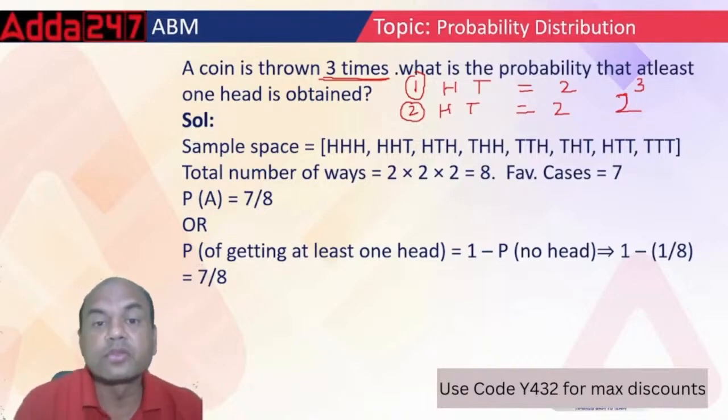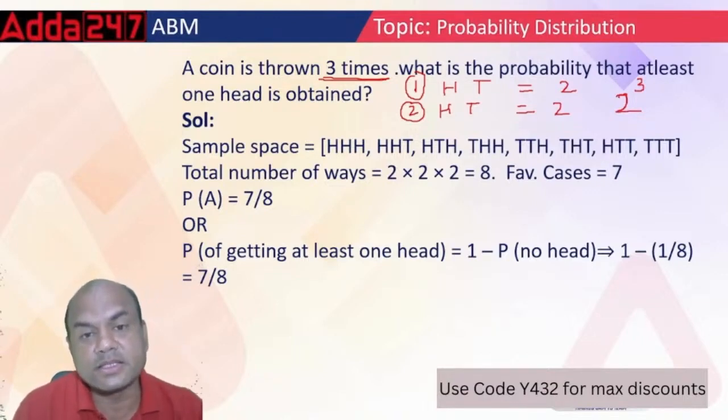Okay. So now find the answer. It is either HHH. See here, 3 times I am throwing the coin. So I can get all heads, or head tail, and all these. Here you see, these are 8 possibilities available. Now what is asked in the question?